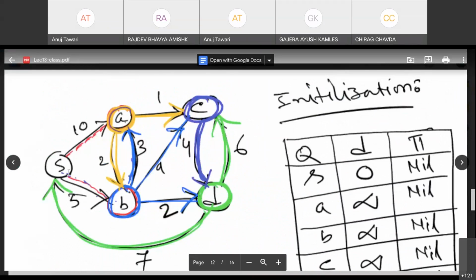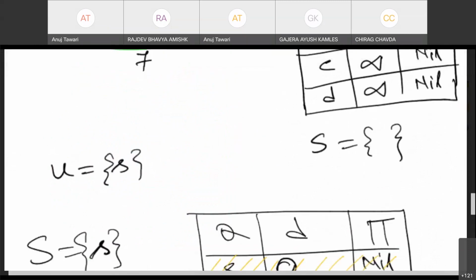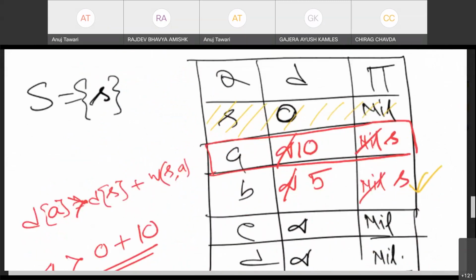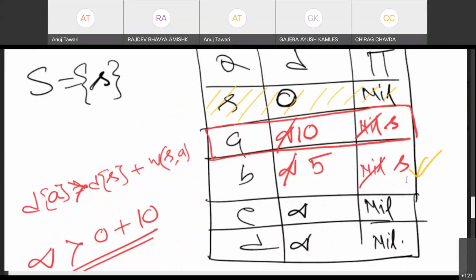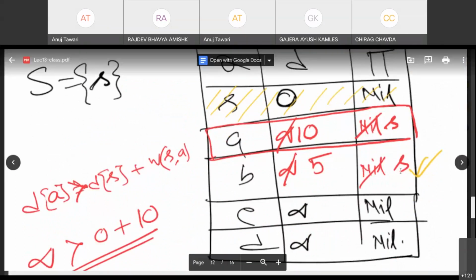So we will look at the minimum weightage going from S. It's this edge 5. We'll add the distance from S to S, which we have set at 0, and follow this edge from S to B. 0 plus 5, so the distance of B will be set to 5. This infinity will be replaced by 5 and the parent of B will be set to S.